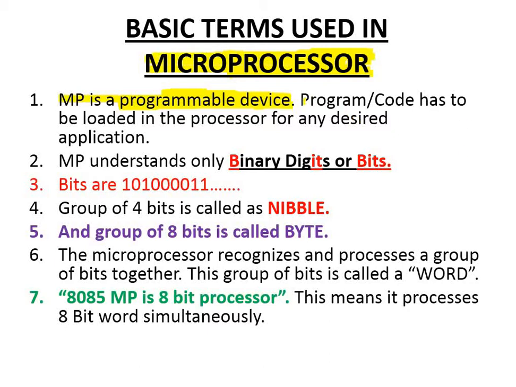Program code has to be loaded in the processor for any desired result. Whatever application, whatever things we want the processor to do, we should write the code in the processor. Then the processor processes the data according to that code and produces our desired output.